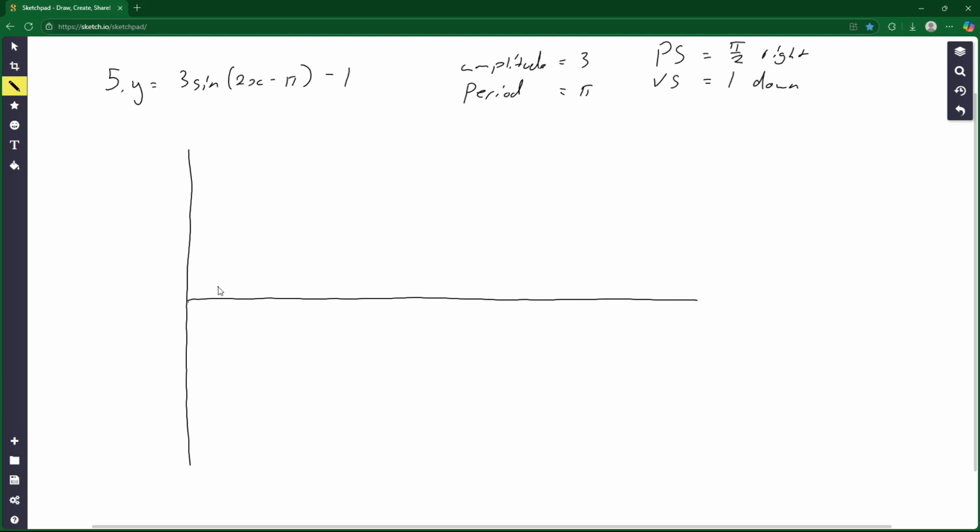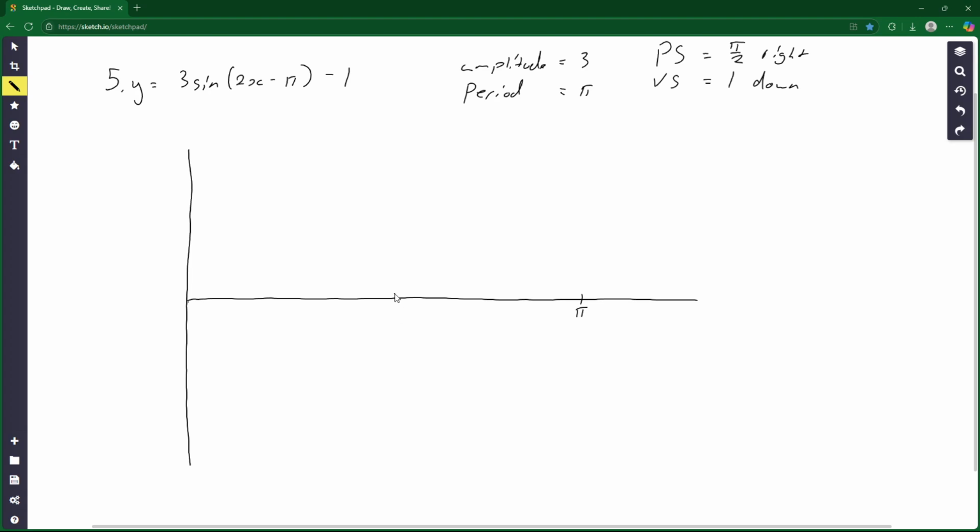So let's go ahead and draw our regular sine graph. Actually, we'll go ahead and write down our periods first. So I'll put pi here. We're not going to phase shift just yet.